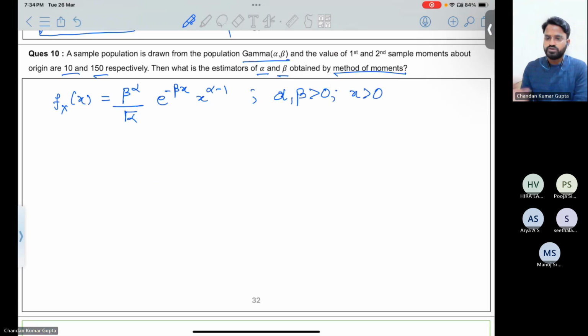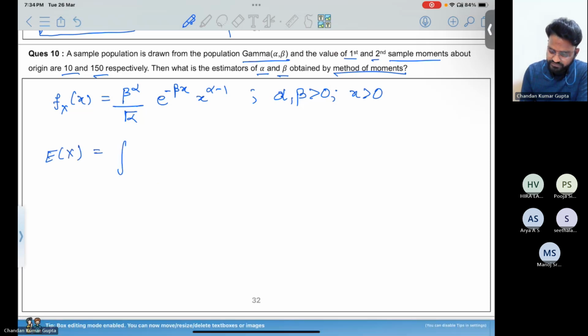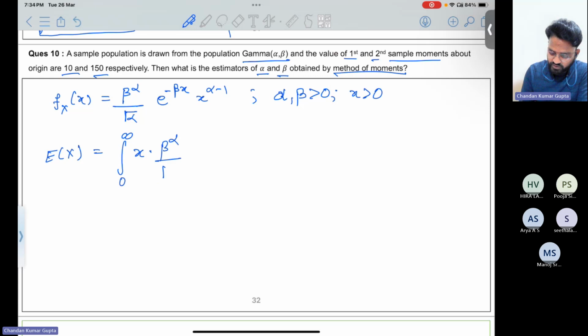Now we need to find its first and second non-central moments and equate them with the sample moments. We already know that expectation of x is the integral from 0 to infinity of x into beta to the power alpha upon gamma alpha, e to the power minus beta x, x to the power alpha minus 1.